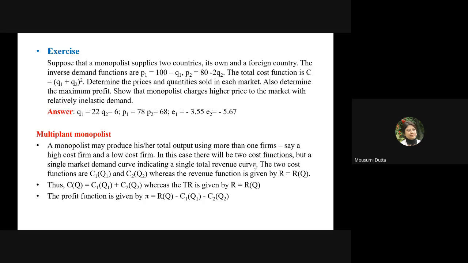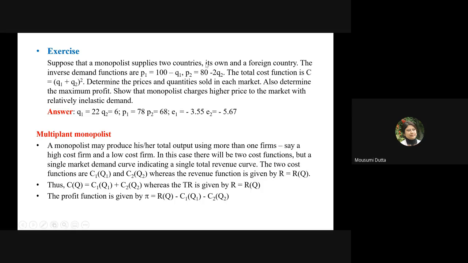So all these things are in your hand. Now, on the basis of this, we will determine the price elasticity of demand in market 1 and in market 2.